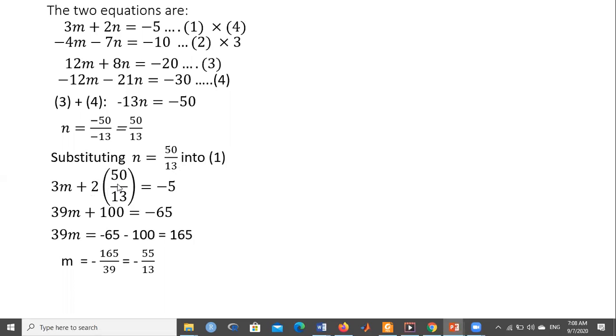So you can now multiply by the LCM, which is 13. So 3m by 13, 2 into bracket 50 over 13 by 13, and minus 5 also by 13.